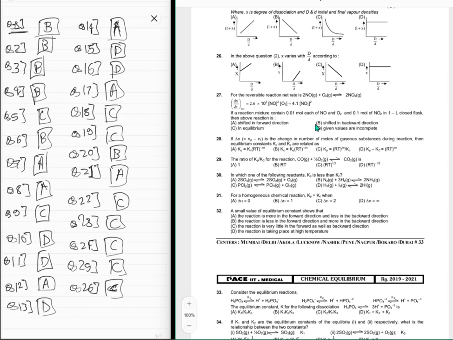If the reaction mixture contains 0.01 moles each, then the above reaction is... So just plug these values into that equation and see if it's positive or negative. 0.01, that's like 10 power negative 2, and each of N2, so NO and O2.